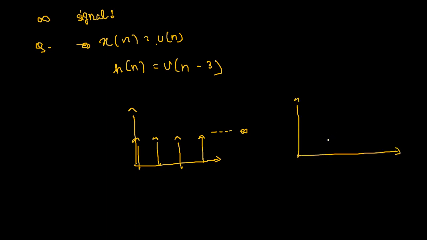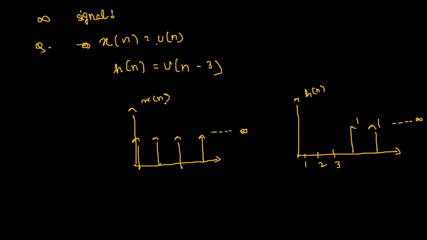So this is 1, 2, and 3. Here the value is 0 for h of n, and from here onwards we have 1, 1, and so on all the way till infinity.